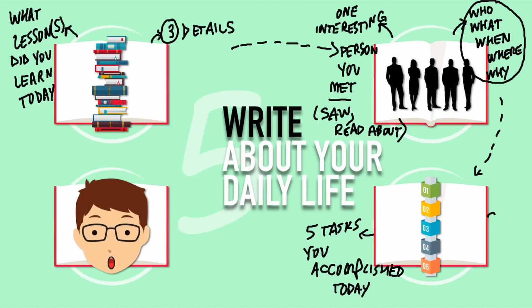Remember, the order is not important. So let's say, for example, one of your tasks was to watch an English YouTube video and also to write down 3 vocabulary words. It doesn't matter what order you did it in, but you want to write them in your notebook.